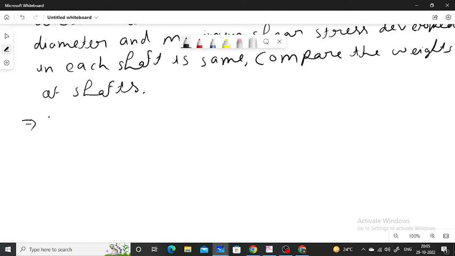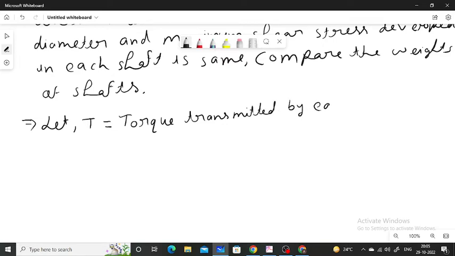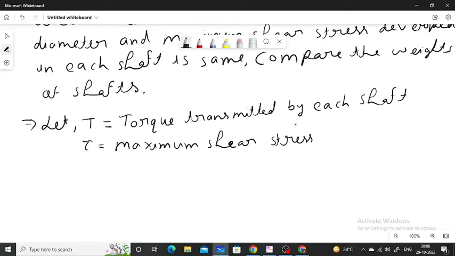Let capital T be the torque transmitted by each shaft, and tau the maximum shear stress developed in each shaft.